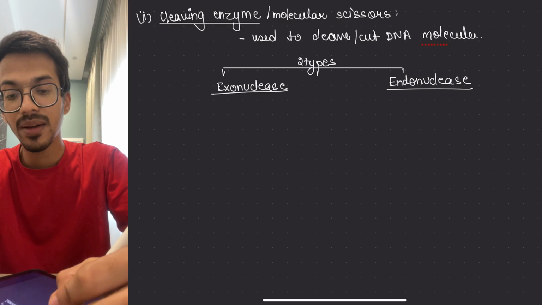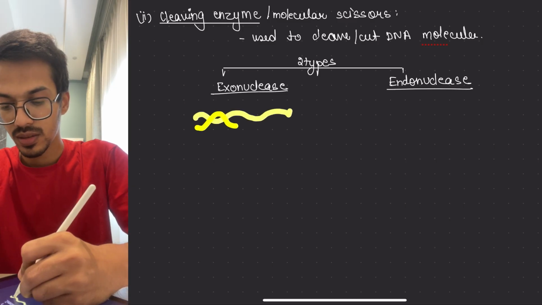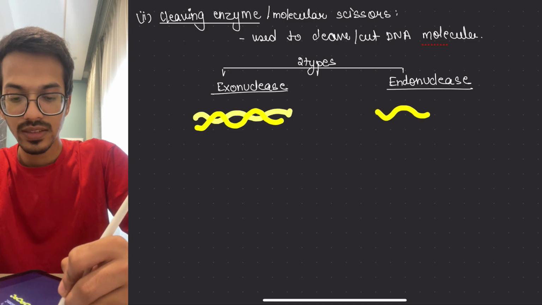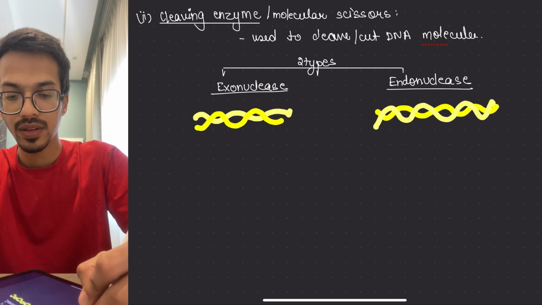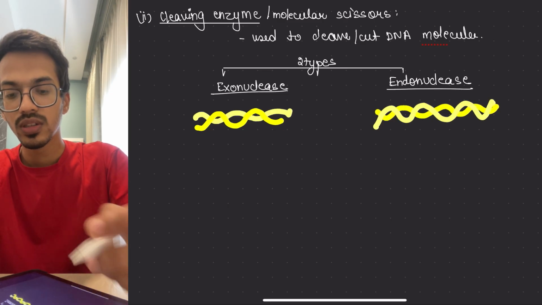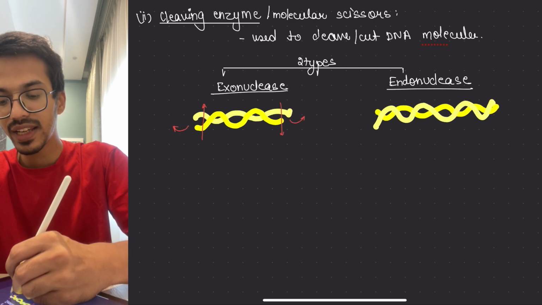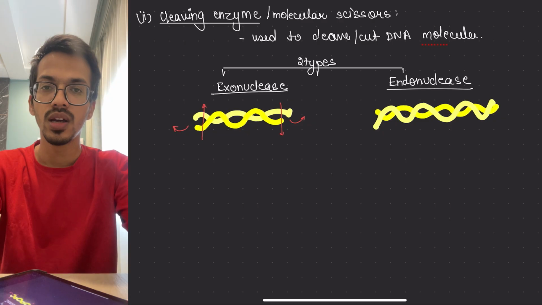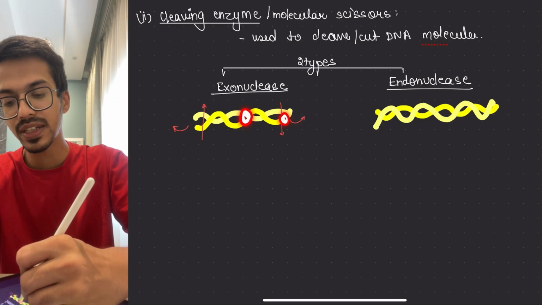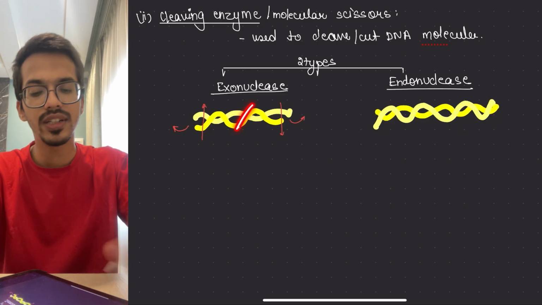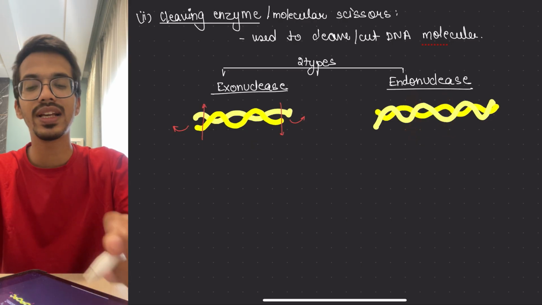For example, if this is the DNA, they will cut it like this. So only the end area is cut out, but maybe your gene of interest is not at the end. Most of the time it is present somewhere in between, so you need to cut in between. Endonuclease will do that.